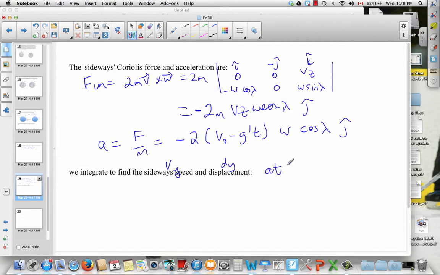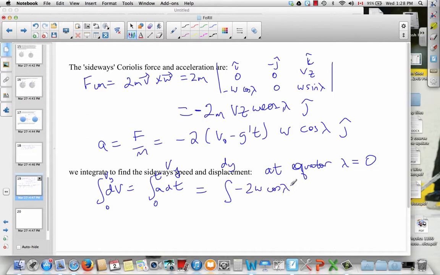And I'm going to do it at the equator from here on in, substituting in 0 for the latitude. So basically that cos lambda term just disappears. So dv is a dt, and I integrate. The y velocity starts off at 0 at the initial time of 0. So this is an easy time integral to do. There's a bunch of constants, 2 omega cos lambda.